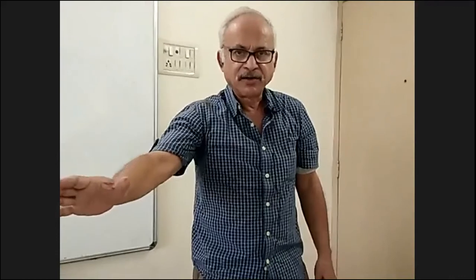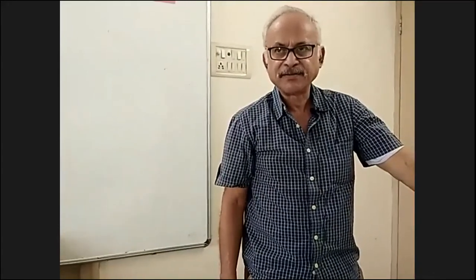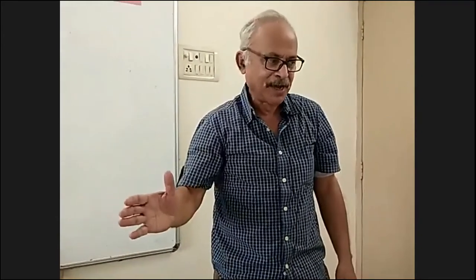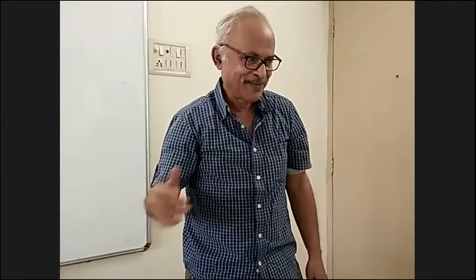Now I'm going to bisect the angle here using only sticks. But I'm going to learn from what Arnav has done. Arnav has done it by paper folding. I'm going to do it by using sticks. Let's see how I do it. Okay? Yes. So let me first make a rhombus here.